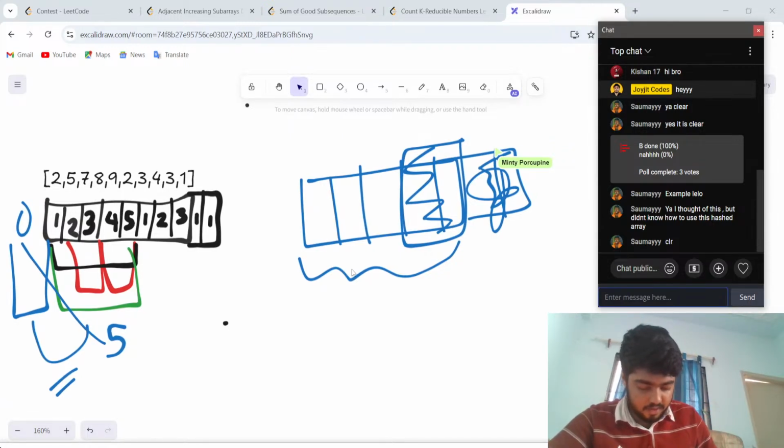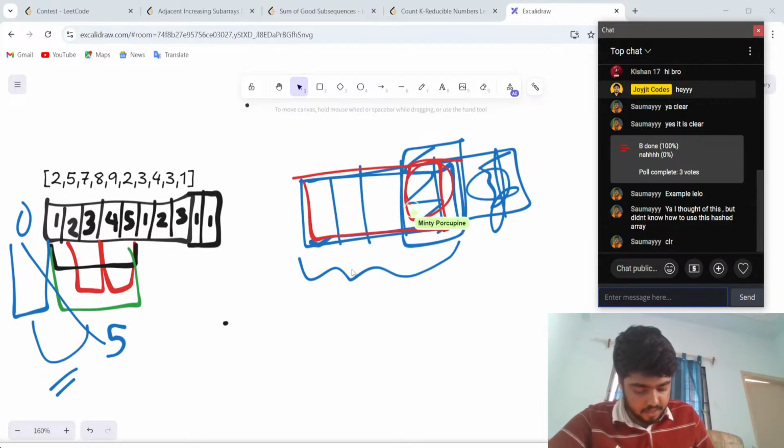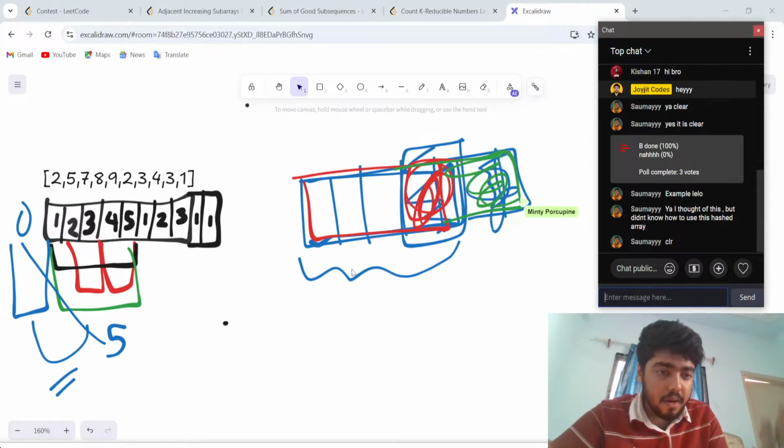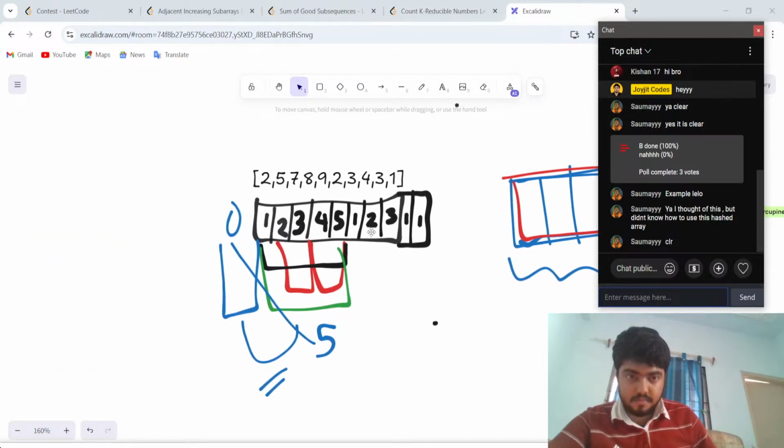So basically, if we have a subarray, we can remove some of its elements and decrease its length, but we can't increase its length. Now let's come back to this.